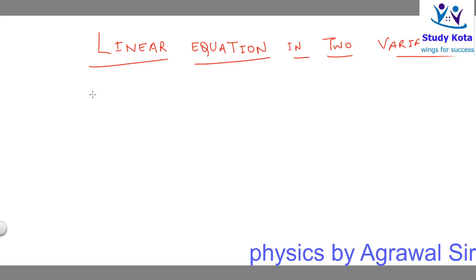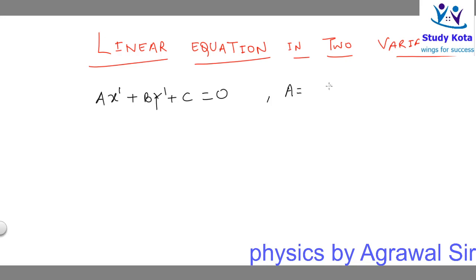So basically you need to know an equation like ax plus by plus c equal to 0. So the power of x is 1, power of y is 1. So you can say, what is A?